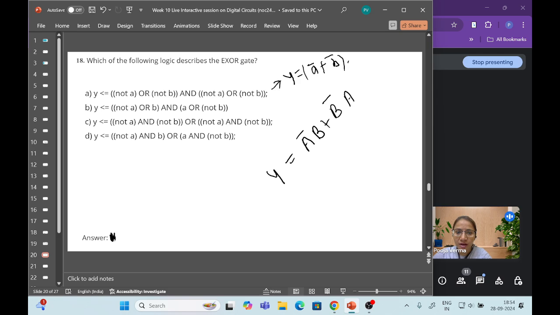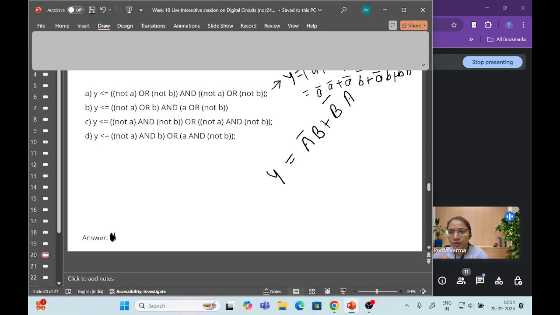So not A or not B is A dash plus B dash, the representation of the first option, right? If we synthesize it again, A dash into A dash plus A dash B dash, again A dash B dash, then B dash B dash.